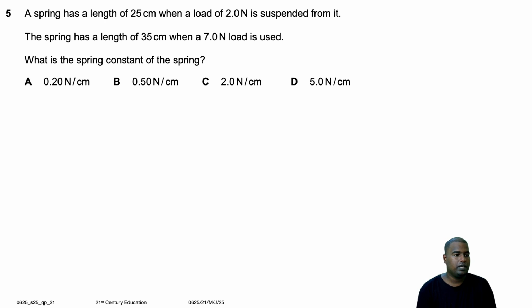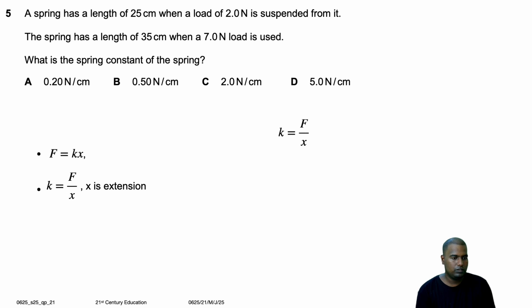A spring has length of 25 centimeter when a load of 2 Newton is suspended from it. The spring has length of 35 centimeter when a load of 7 Newton is used. What is the spring constant of the spring? We know that F is Kx, but x is extension. They didn't give extension specifically for a single load.